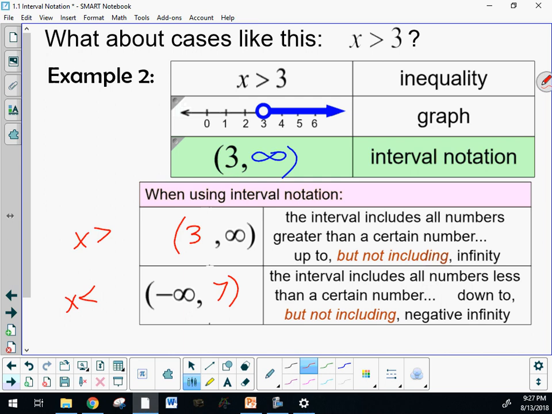When you're writing intervals, you always write them from the lower to the higher number. So it's the same case when you're using -infinity. That's absolutely the lowest you could get, up to the higher number. Always low to high.